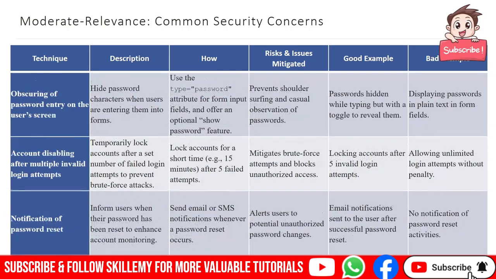When discussing obscuring password entry on the user's screen, it's about ensuring that users' passwords remain private even as they are being typed. Using the type=password attribute in input fields masks the password, preventing casual onlookers or someone nearby from seeing the user's password.